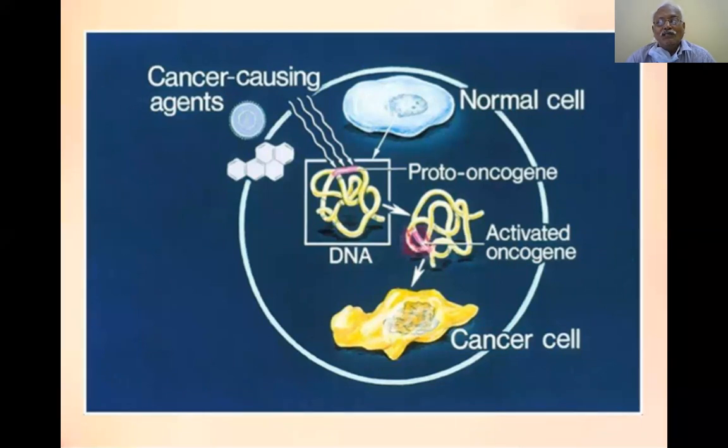The proto-oncogene, who is the darling of the house, will slowly get activated by cancer-causing agents, and their DNA will get modified, and the proto-oncogene will turn into an activated oncogene. Then the trouble starts in the house.